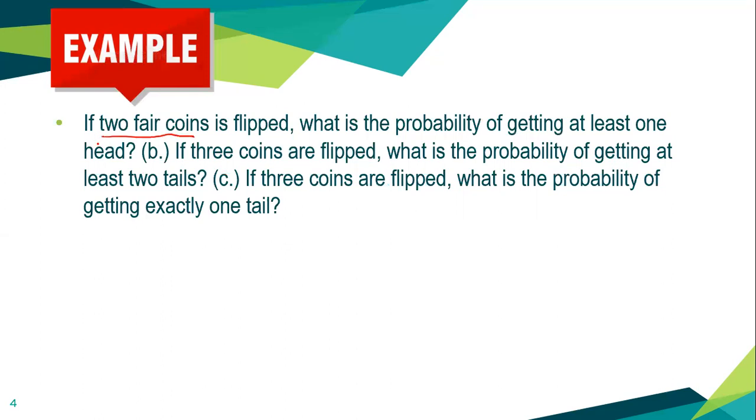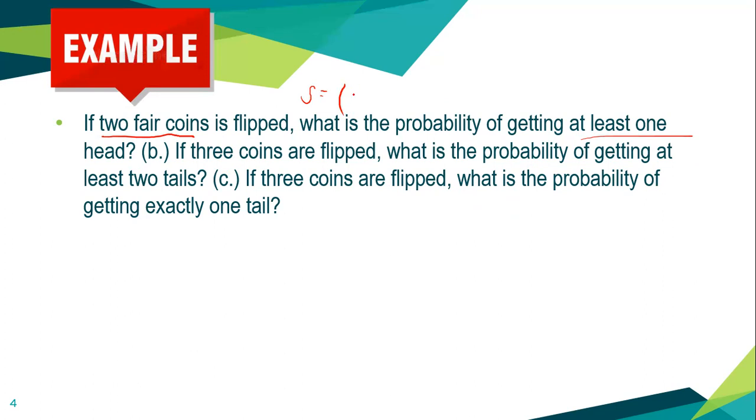So dito muna tayo kay first question. Ano daw yung probability na makakakuha tayo ng at least 1 head? Eh di ba kapag nag-flip tayo ng 2 coins, yung sample space niya o yung mga possible outcome is that, syempre dalawang coin yung i-flip mo.